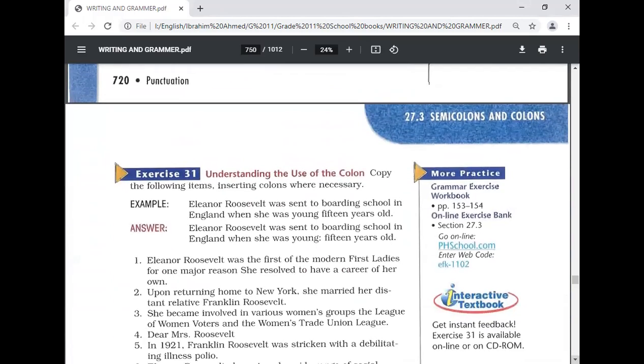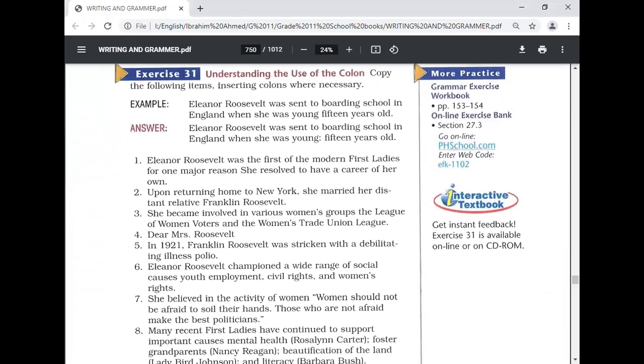Okay, so let's move on to Exercise 31, understanding the use of the colon. Here, look at the example. Insert colons where necessary. Eleanor Roosevelt was sent to boarding school in England when she was young: 15 years old.